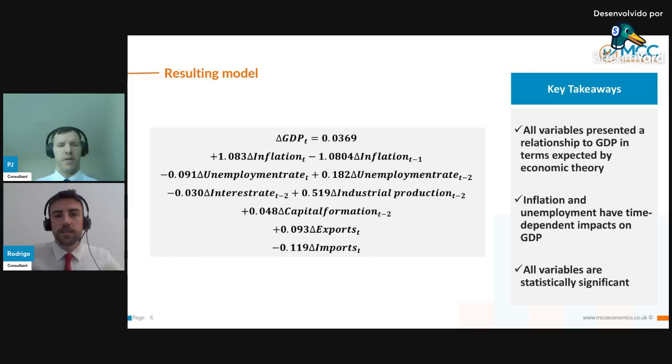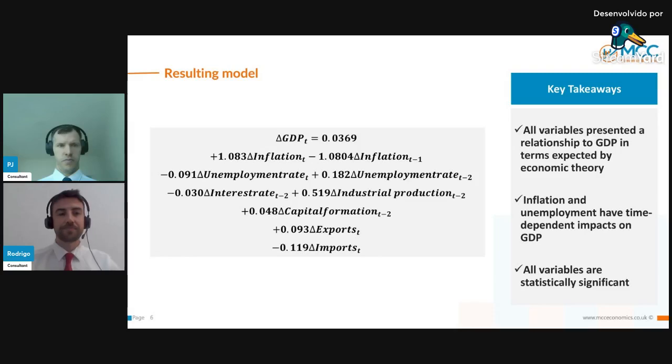Yeah, and were all of these statistically significant, Rodrigo? It's maybe worth maintaining something on that. So all variables here as a set were statistically significant. When we looked at imports and exports by themselves, they were not statistically significant, which means there was a hint that maybe we could eliminate one of those two from the model.